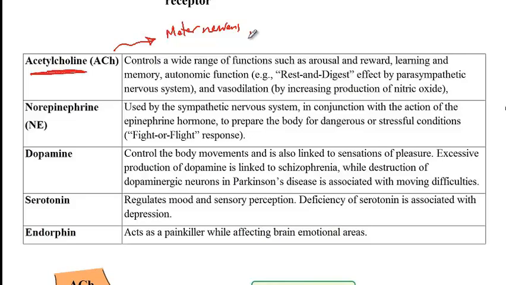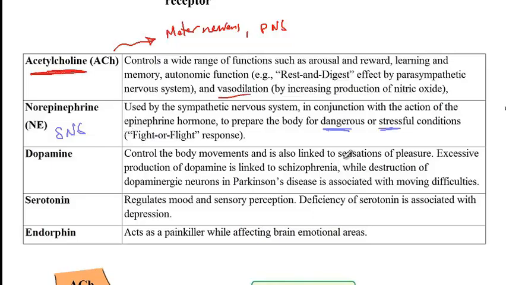We also discussed how the parasympathetic nervous system gets activated by the acetylcholine receptor in order to induce the rest or digest response, cause vasodilation of our blood vessels, and induce other effects that we discussed earlier in this lecture. Next, we have the norepinephrine neurotransmitter, which is used by the sympathetic nervous system in order to prepare the body for potential dangerous or stressful conditions, as a consequence of which it will induce a fight or flight response.